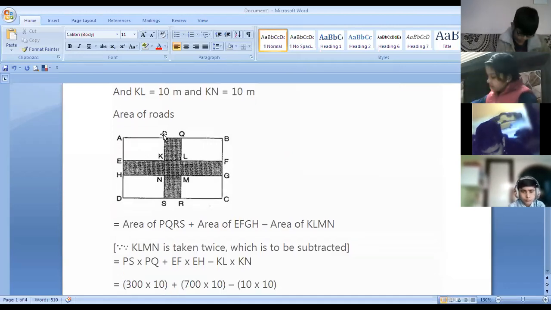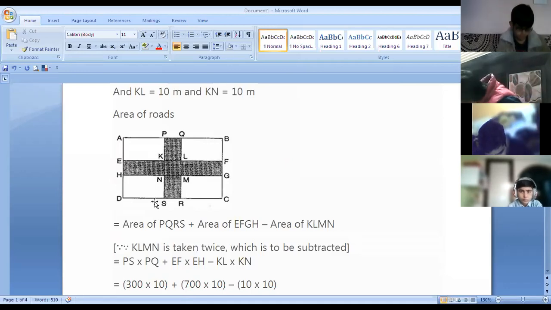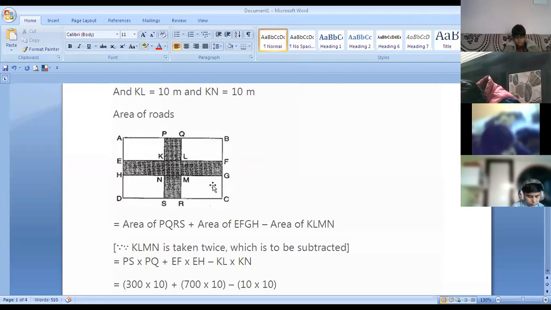The length is given as 300 meters, and the crossroad is 10 meters wide. So 300 meters is PS, and PQ will be 10 meters. So 300 into 10. 700 will be the length of EF and FG will be 10.